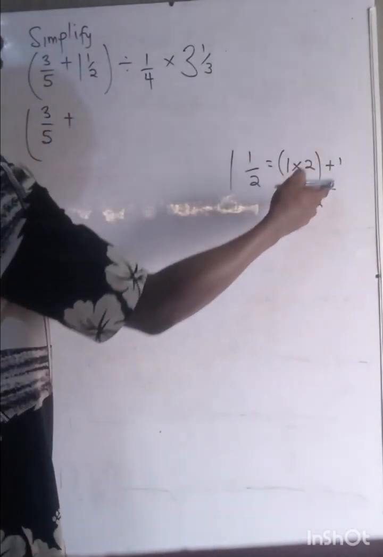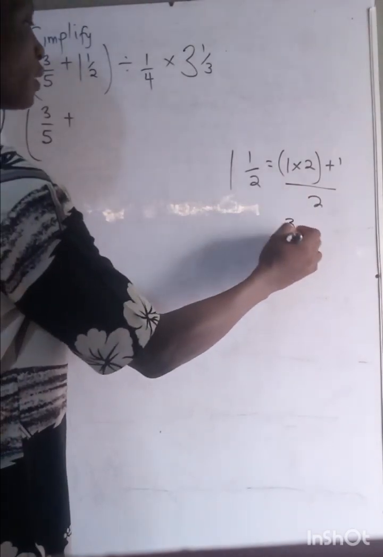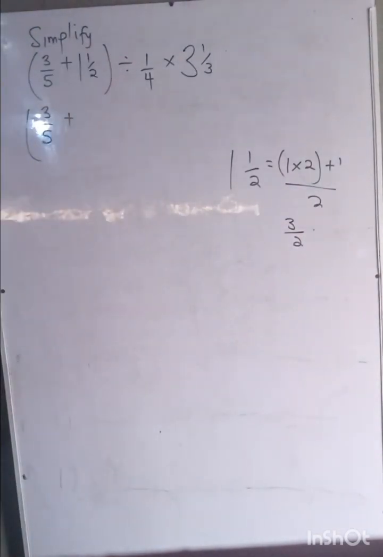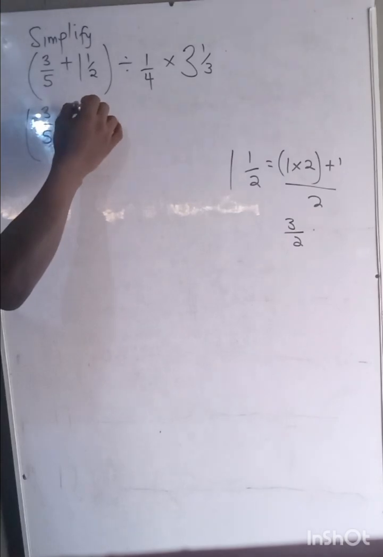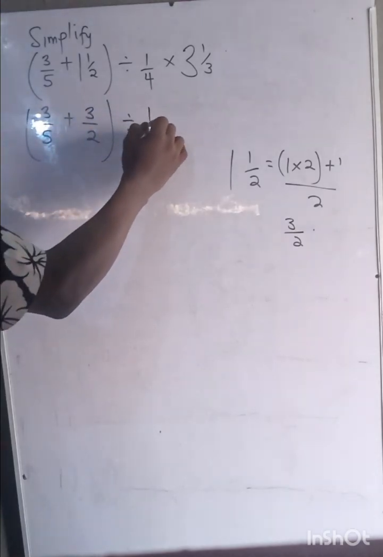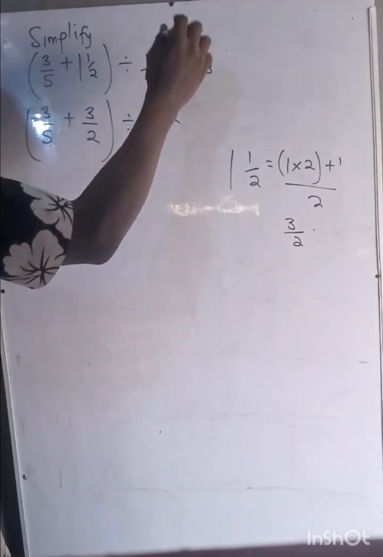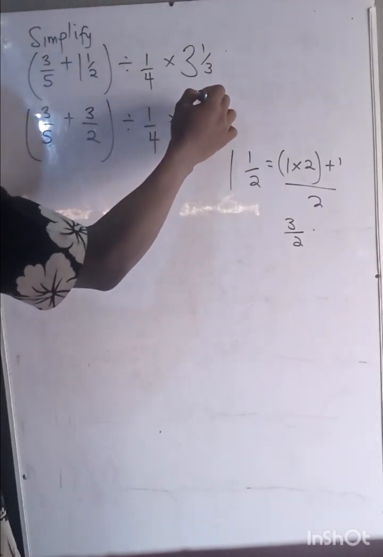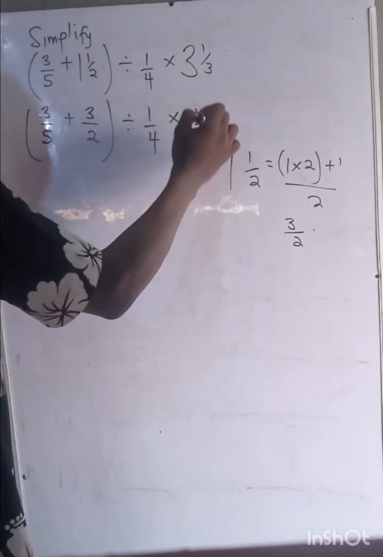That gives us 2 times 1, which is 2, plus 1, that is 3 out of 2, divided by 1 out of 4, times, we do the same for this one: 3 times 3 plus 1, that's 10 out of 3.